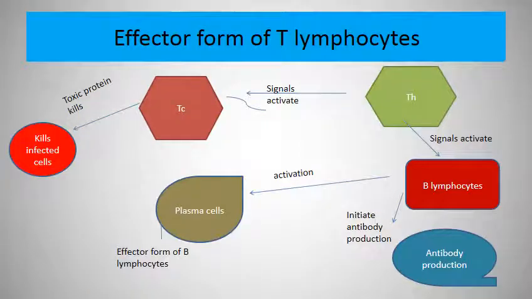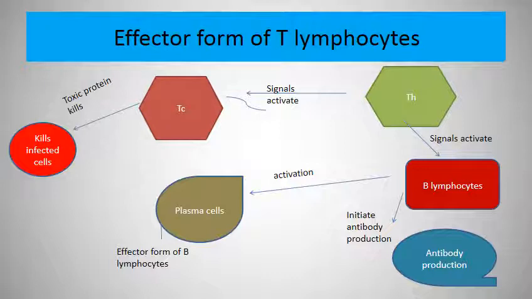Now the effector forms of the T lymphocytes are the cytotoxic T cells and the helper T cells. Cytotoxic T cells produce toxic proteins which kill the infected cells. They just kill the infected cells.